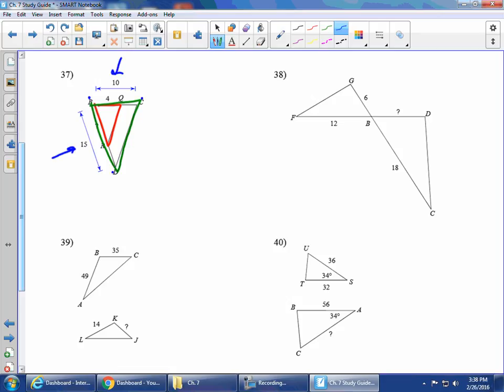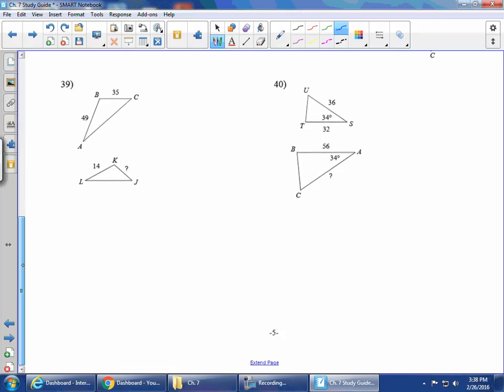So you want to know down here this little side X. So you're going to do something like X over 4, little triangle, is equal to X and 15 are related. So 15 goes over 10, cross multiply, divide. There you are.